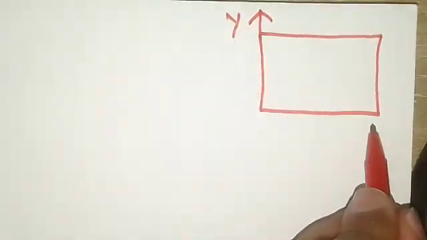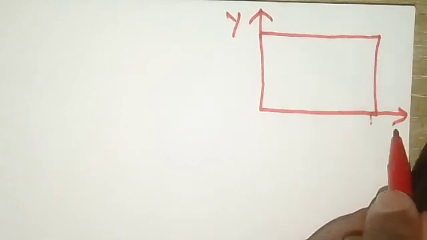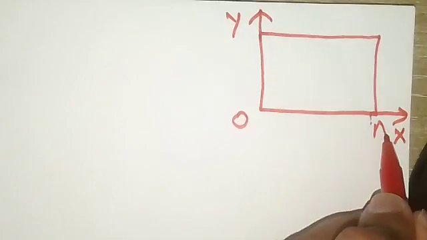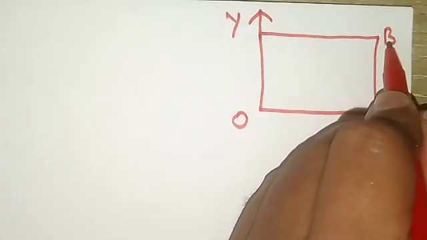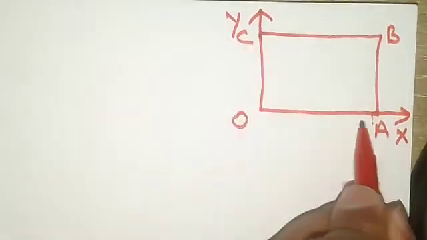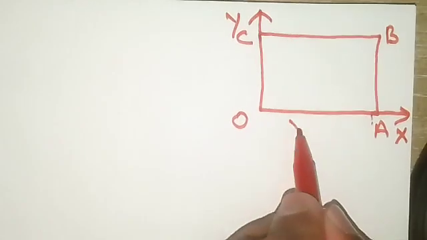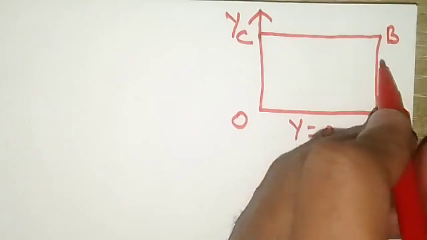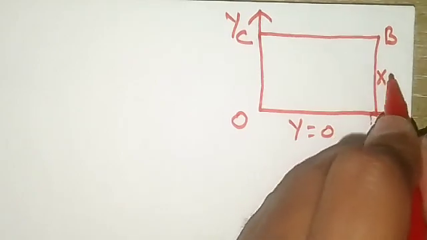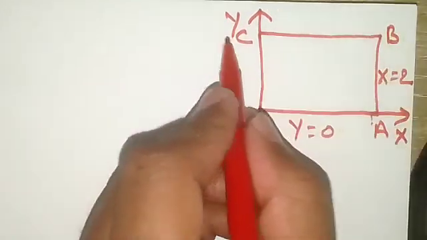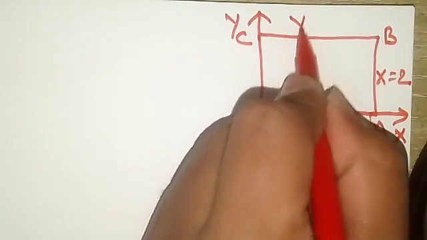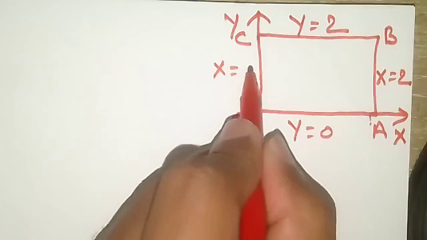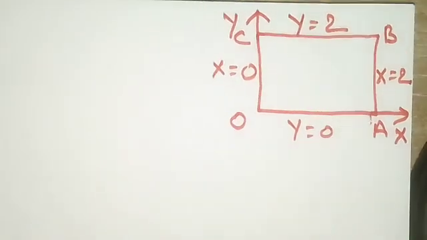This is your y axis and this is your x axis. This is O, A, B and C. On the OA segment, y is equal to 0. This is the AB segment, where x is equal to 2. This is the BC segment, where y is equal to 2. And on the CO segment, x is equal to 0. So we got four segments.